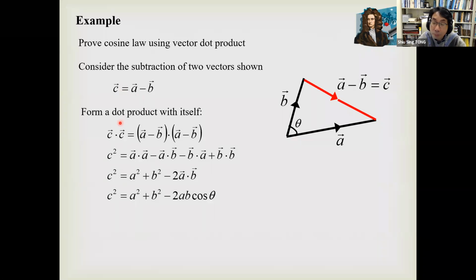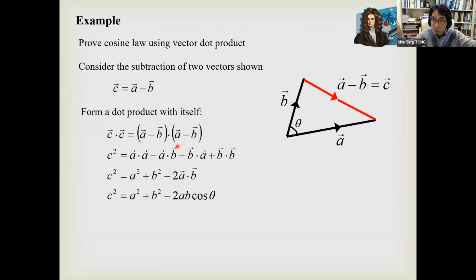I form a dot product of the vector with itself. So on the left-hand side, I form the dot product of the vector C with itself, so it becomes C dot C. Because the two sides are always equal, when I form the dot product of the vector A minus B with itself, it must be equal to C dot C, right?